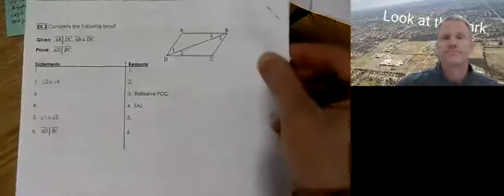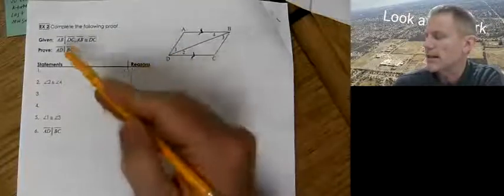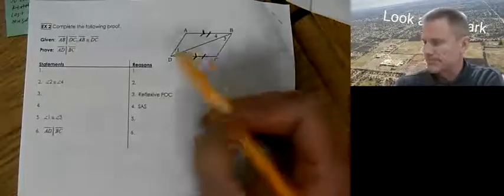All right, last one. Here we have parallel lines. So we know that this line is parallel to that line. We also have a segment congruent to another segment.